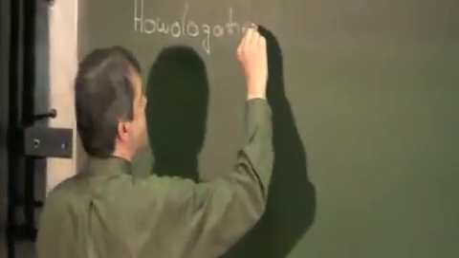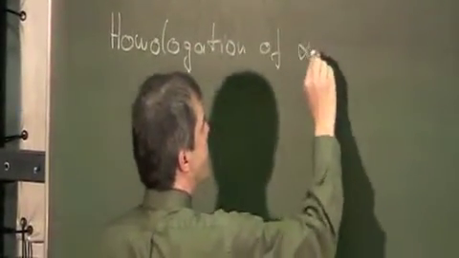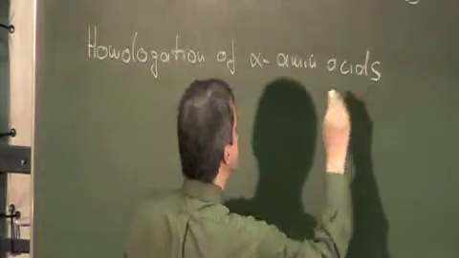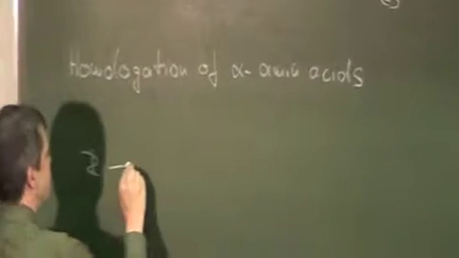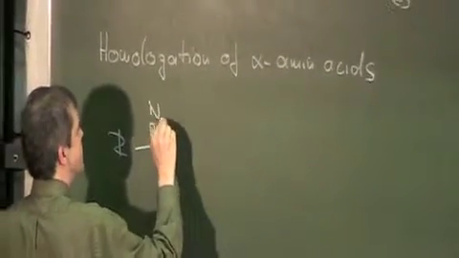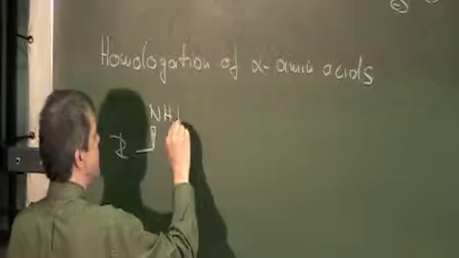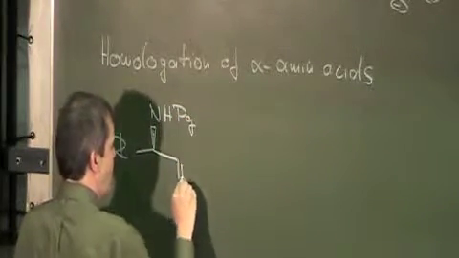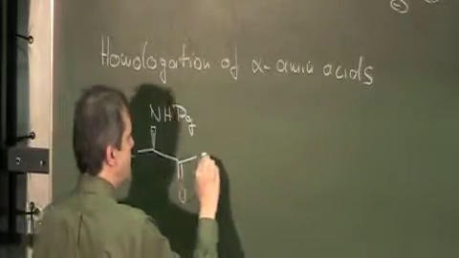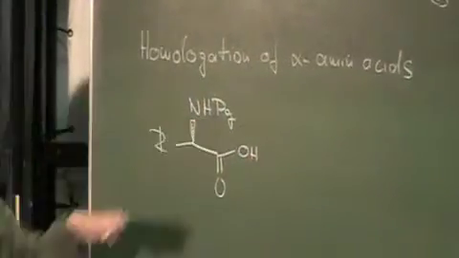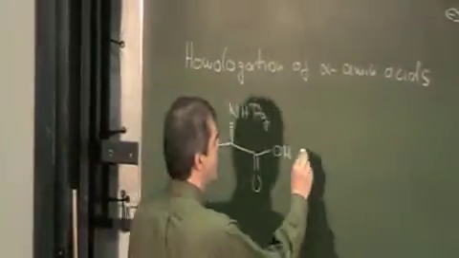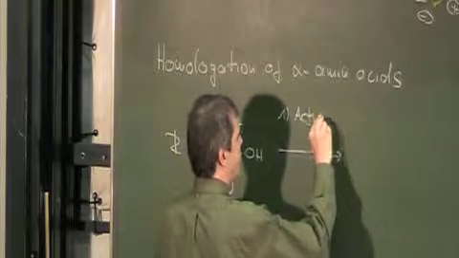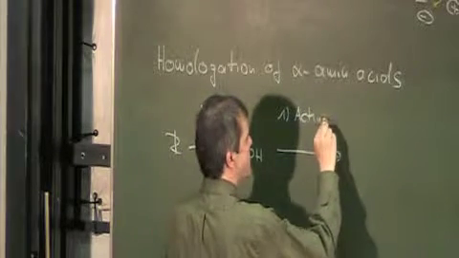for the homologation of alpha amino acids. So if you take a protected amino acid, you activate it on the carboxylic acid function.